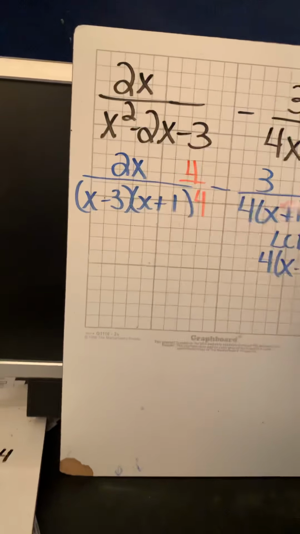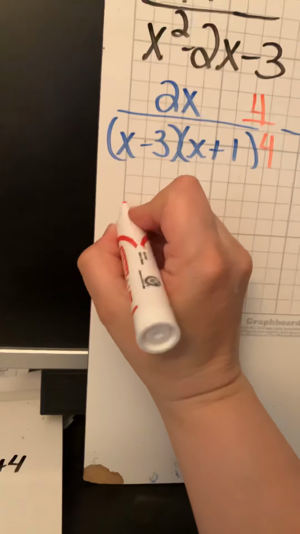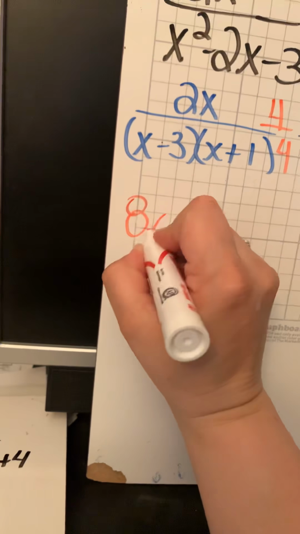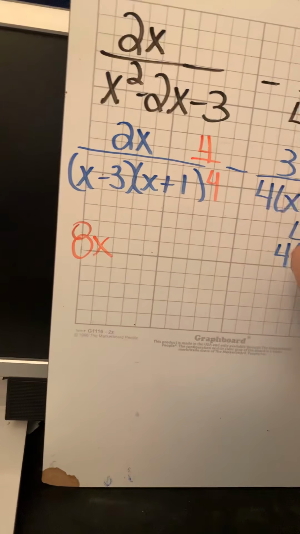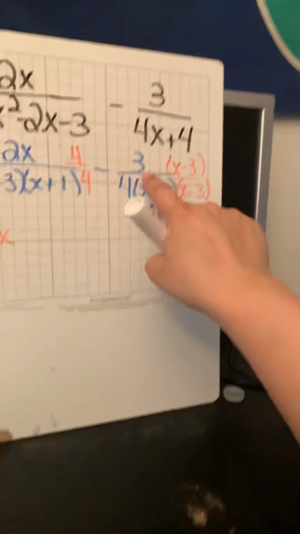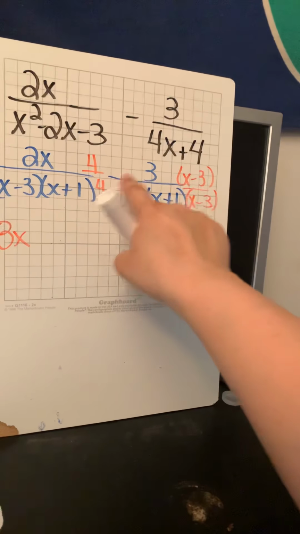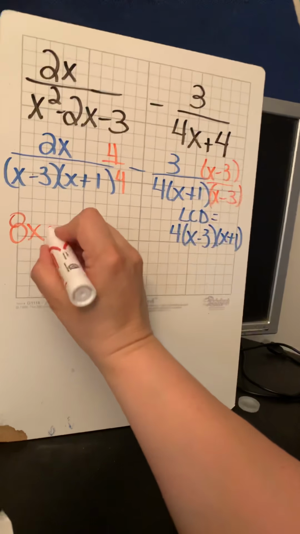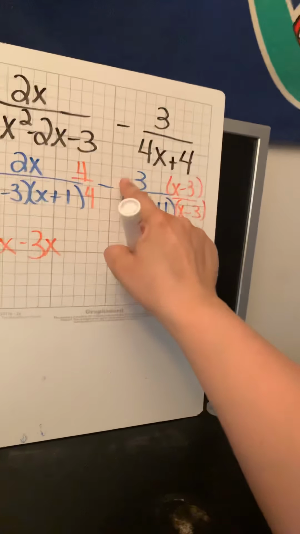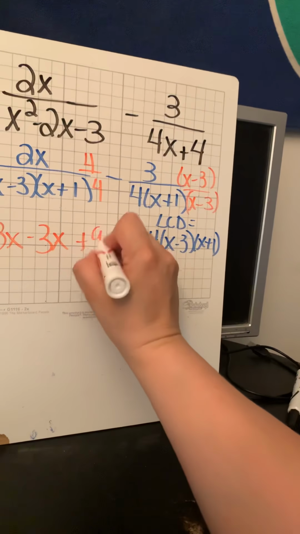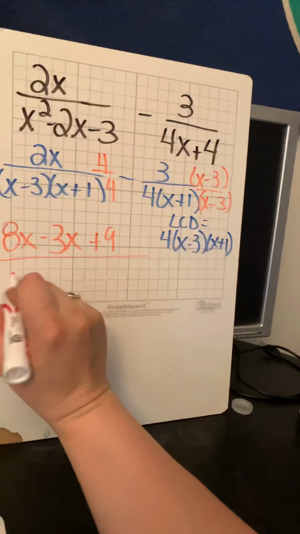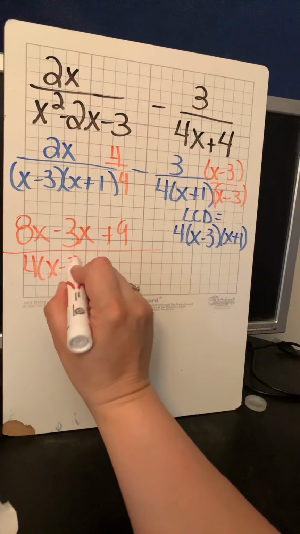I'm going to multiply across the top. So I've got 8x. I'm going to take my negative 3 all the way through. So I've got a negative 3x. Negative 3 times negative 3 plus 9, all over my LCD.